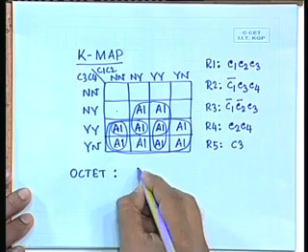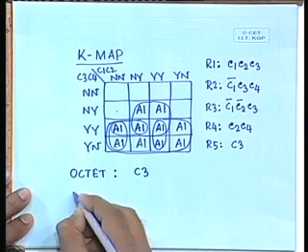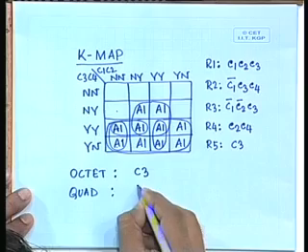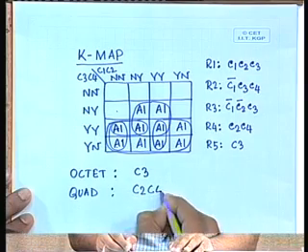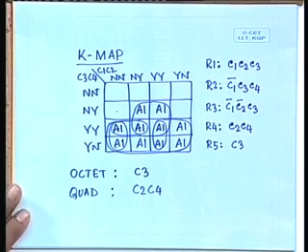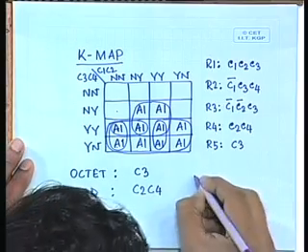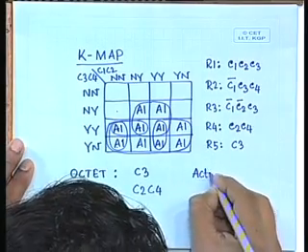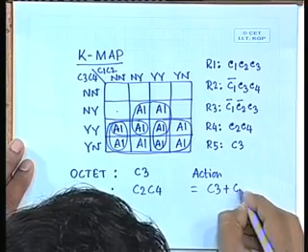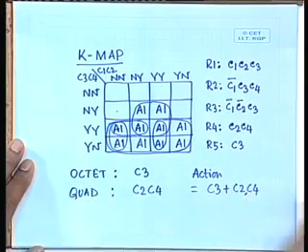What is the value of the octet? C3. What is the value of the quad? C2, C4. So, you can see that all the other rules actually become redundant. So, we have the action equal to C3 plus C2, C4, right.